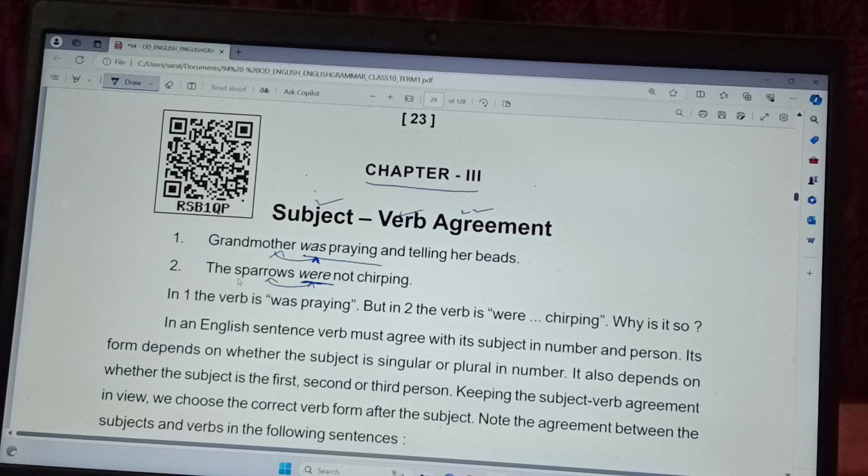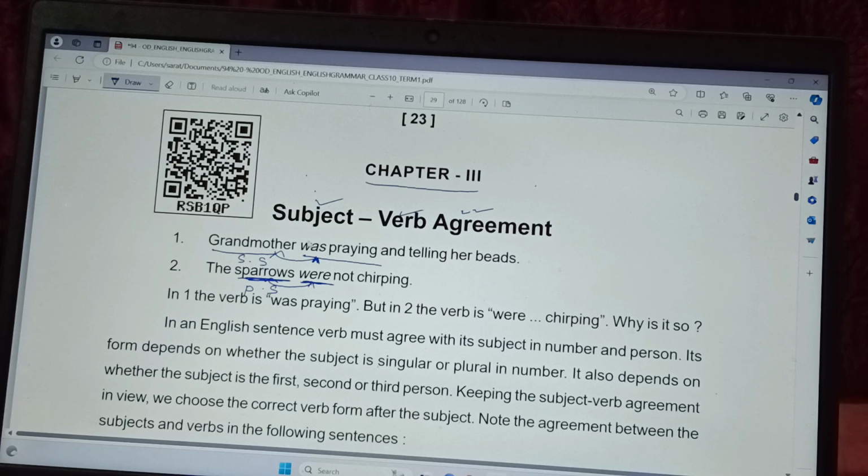So we know that sparrows is a plural subject, and in sentence 1 grandmother is a singular subject.